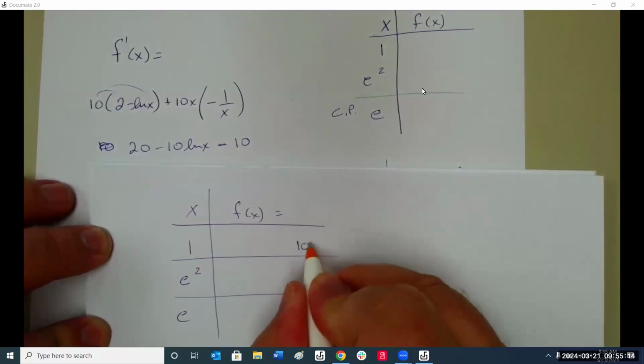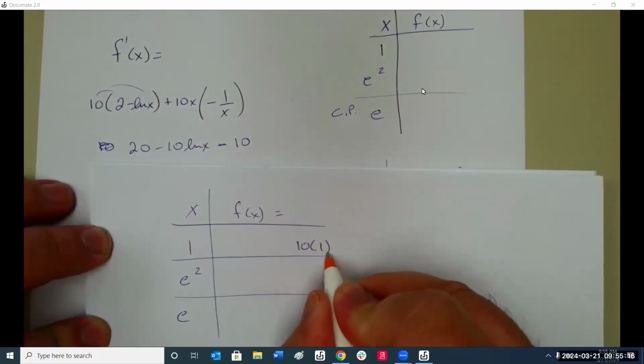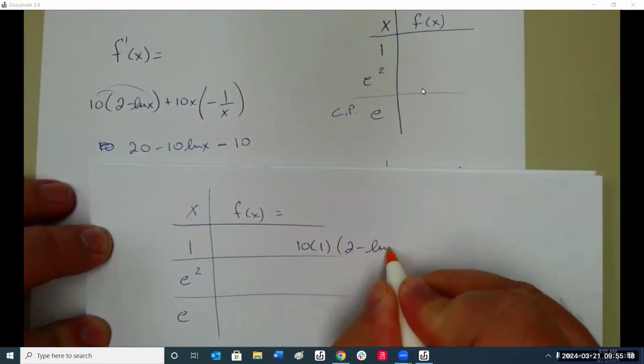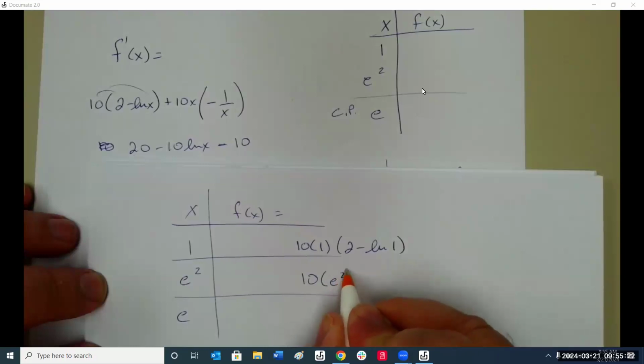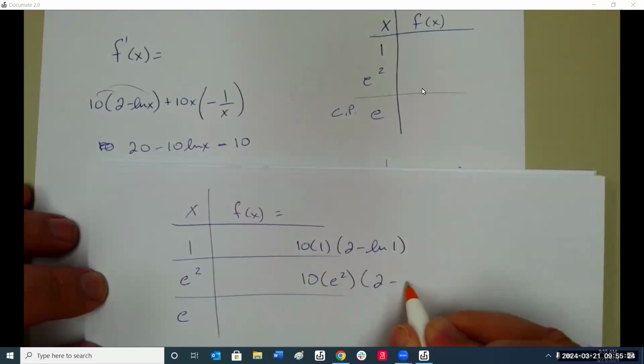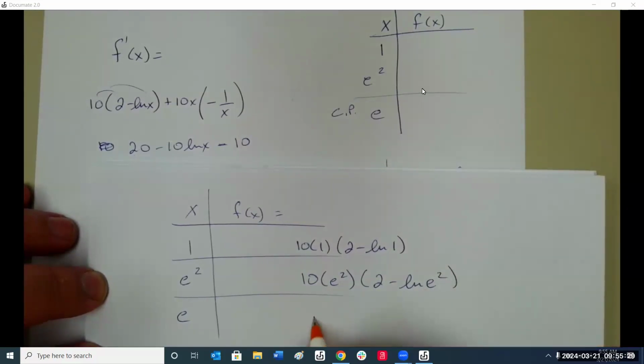So it's 10 times 1, 2 minus ln 1; 10 times e squared, 2 minus ln e squared; 10 times e, 2 minus ln e.